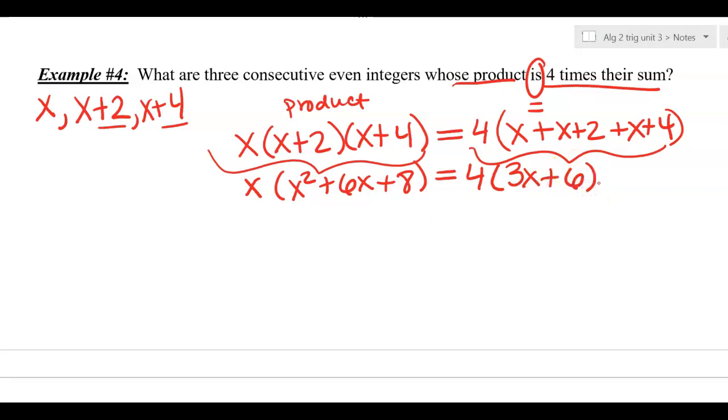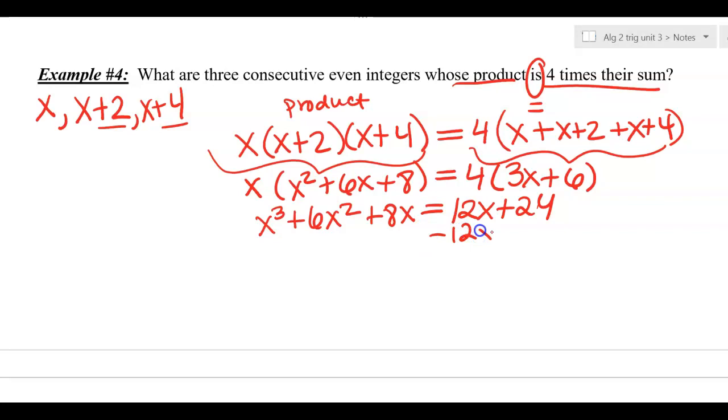Okay. Now I'm going to distribute on both sides, and then I'll move things around to combine like terms. So on the left side, I'd have x cubed plus 6x squared plus 8x. And on the right side, 12x plus 24. And now I want it set equal to 0 so I can actually try to factor it.